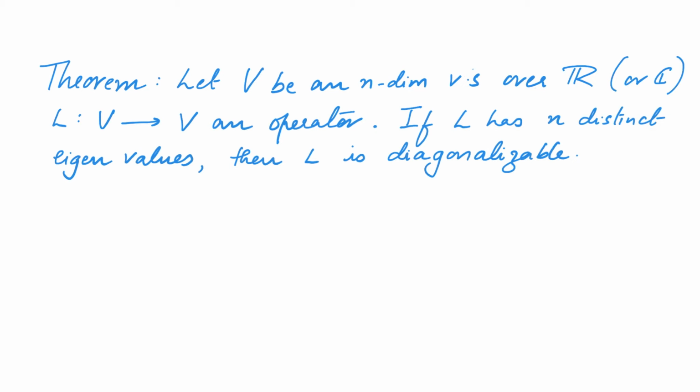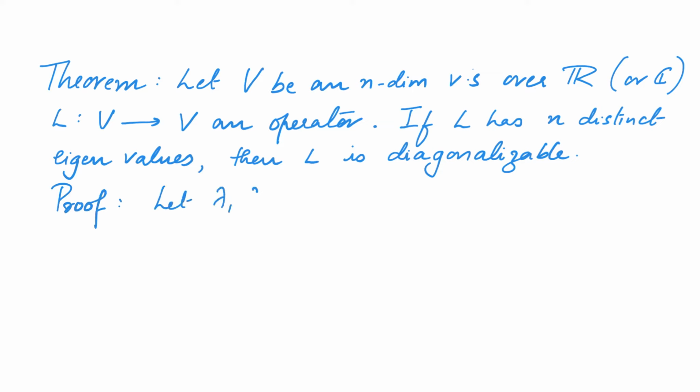The sufficient condition that we were discussing earlier is given by the following theorem. Let V be an n-dimensional vector space over R or C, and L a linear operator from V to V. If L has n distinct eigenvalues, then L is diagonalizable. Let us look at a proof of this theorem.